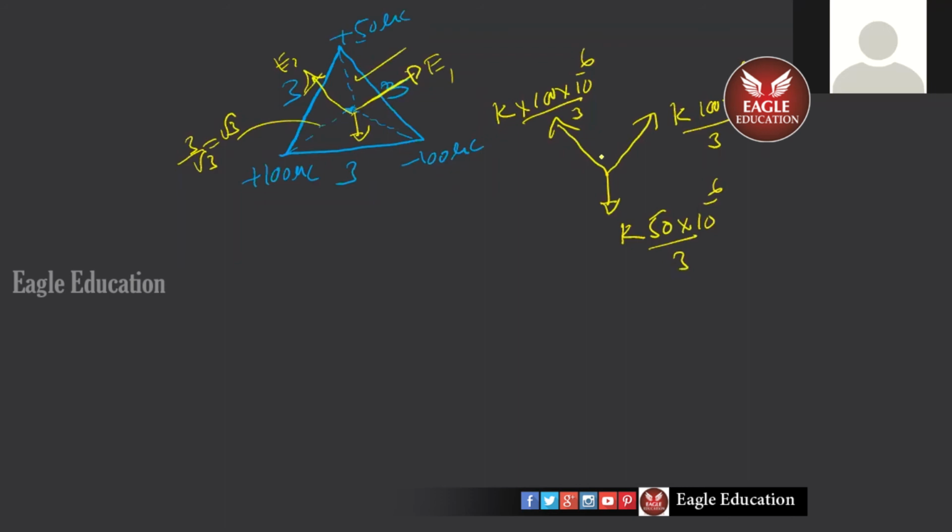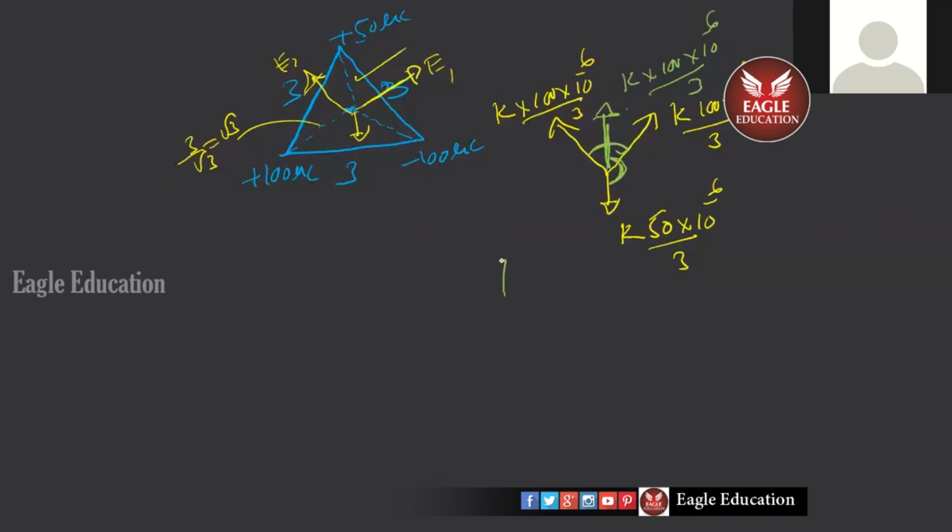So the sum of these 2 will be in this direction and equal to that. It will be the same value because the angle is 120. So K into 100 into 10 to the power minus 6 by 3. So this is up and this is down, so they are in opposite direction.